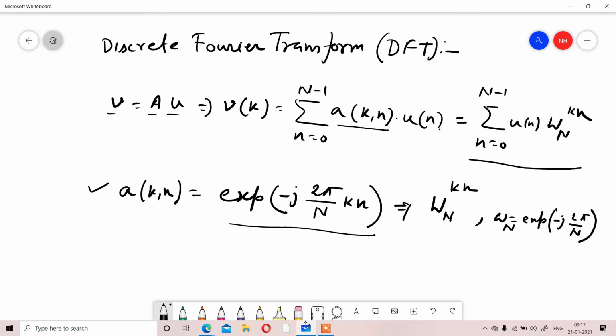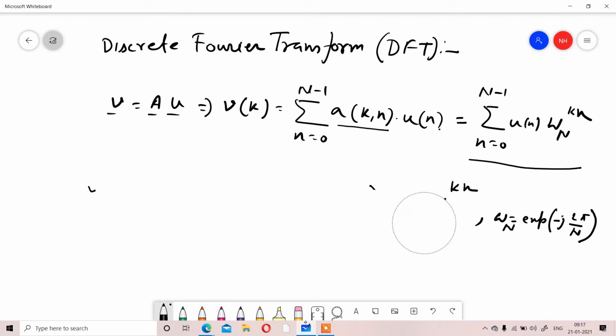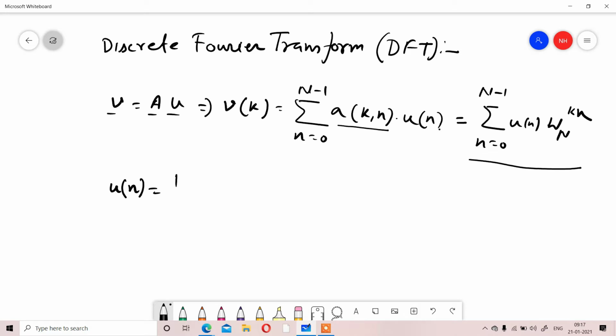Okay, so from that expression, whenever you have calculated the value of U n, that you have got as 1 by N summation k equal to 0 to n minus 1 V k W N to the power minus K n.